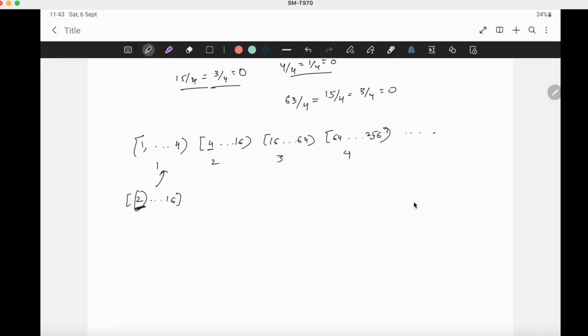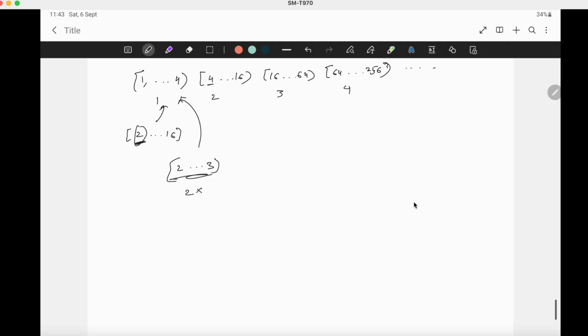If we are able to figure that out, we will know all the elements available, because this range is continuous in form. So from 2 to 3, these two elements lie in this particular range. Here there are two elements, and two elements take one operation. That is something we figured out.